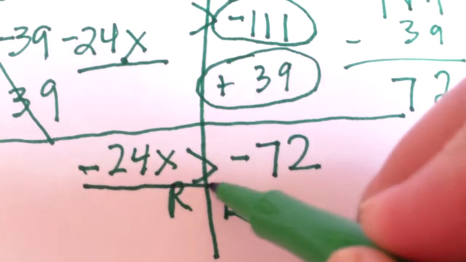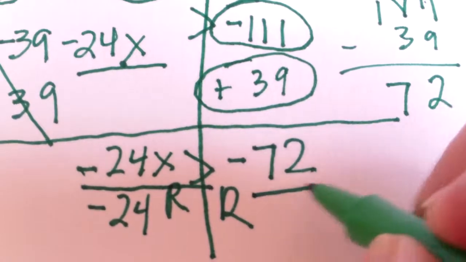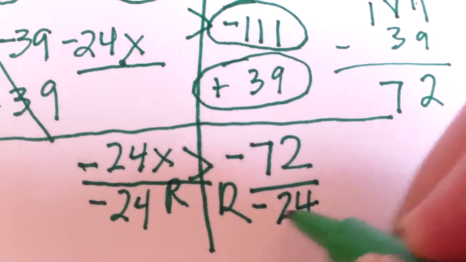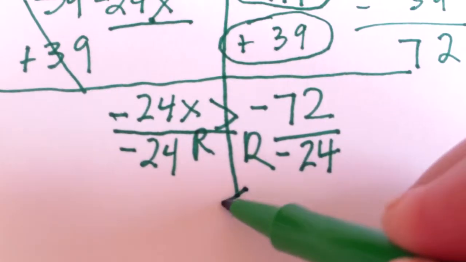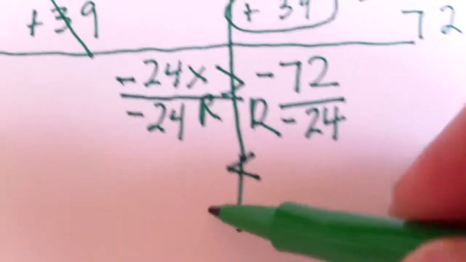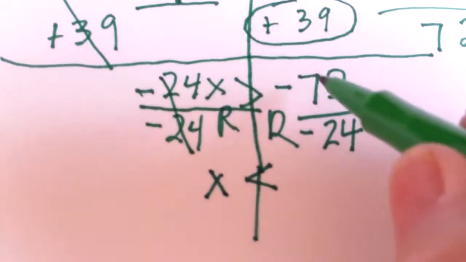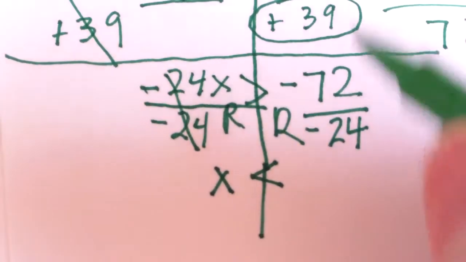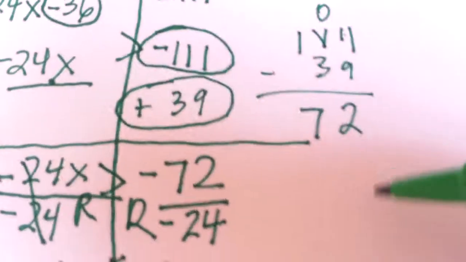I want to get x alone, so I'm going to divide by negative 24. There's that pesky little RR, but it's a good thing he's there, because I'm dividing both sides by a negative number. So I better flip my little friend around. And I'm left with x here, and over here a negative divided by a negative is a positive 3.